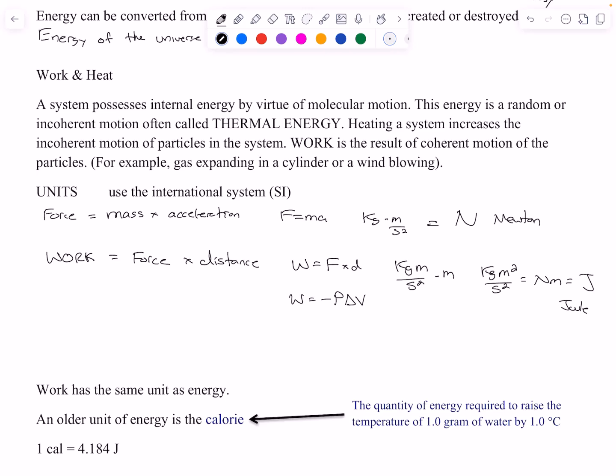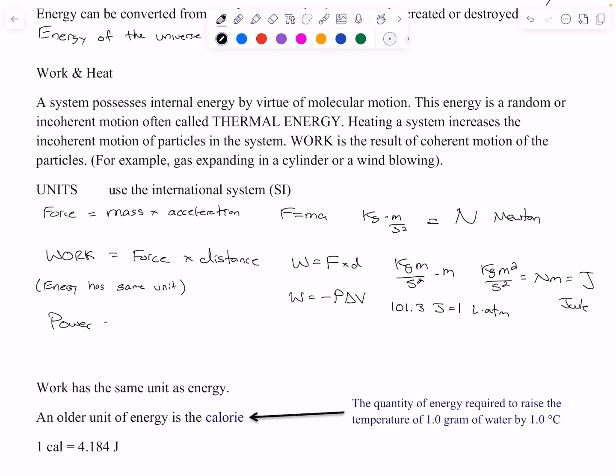And so 101.3 joules is 1 liter times an atmosphere. And then energy has the same unit as work. And then finally, power. Power is the rate of work or energy usage.